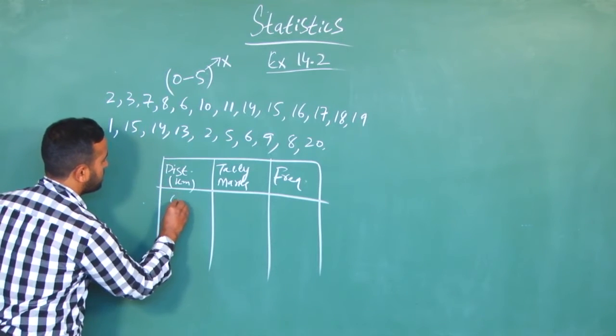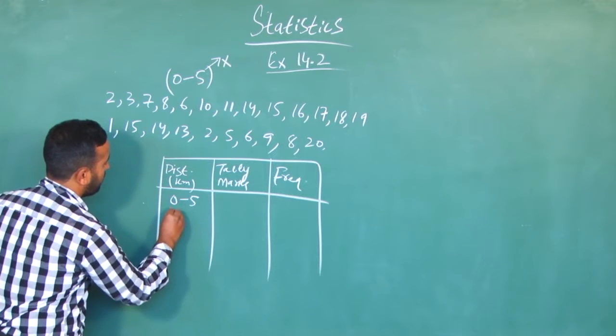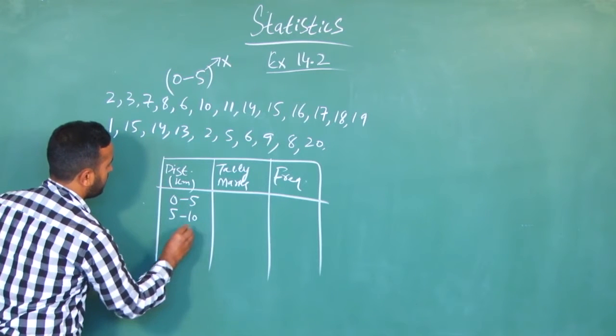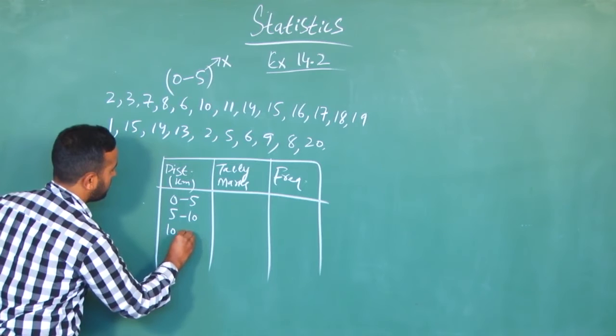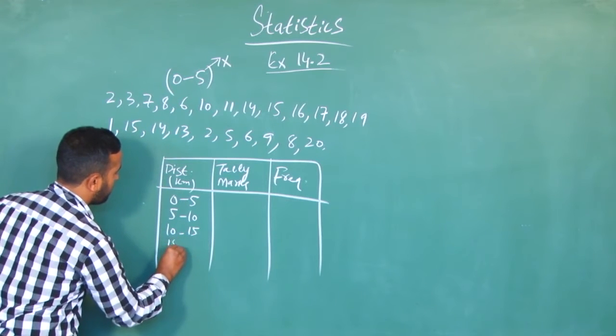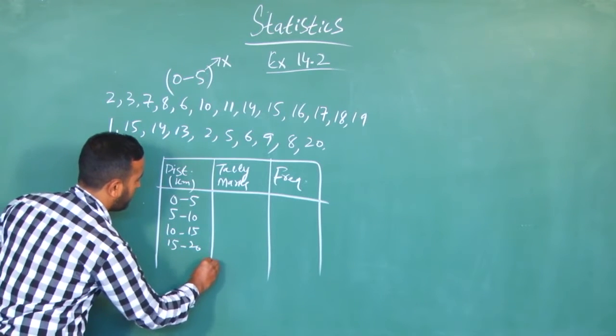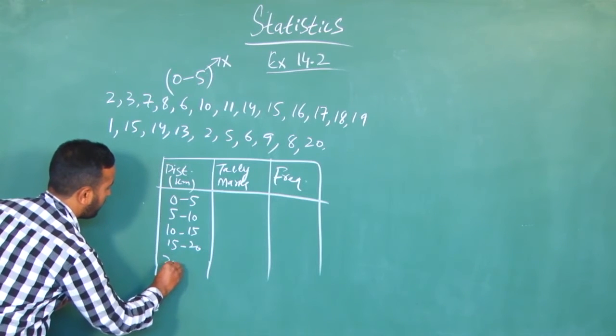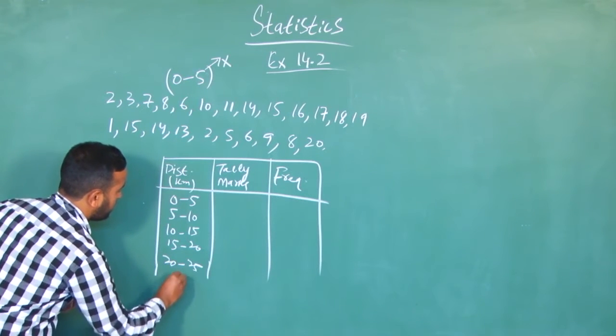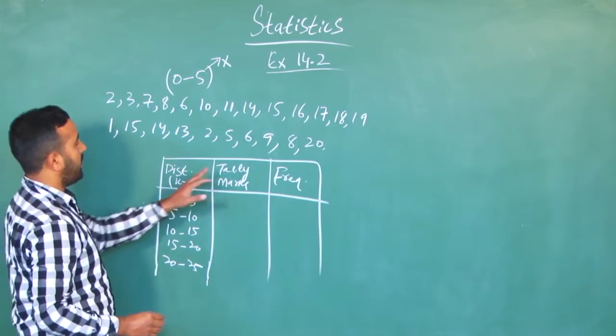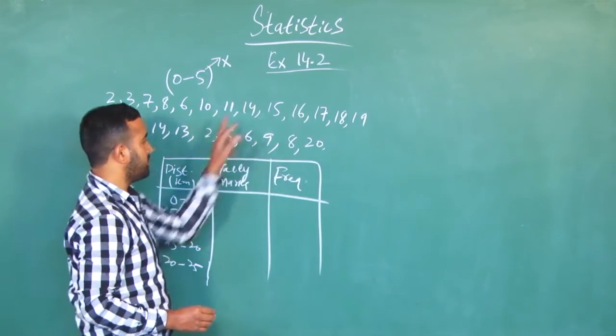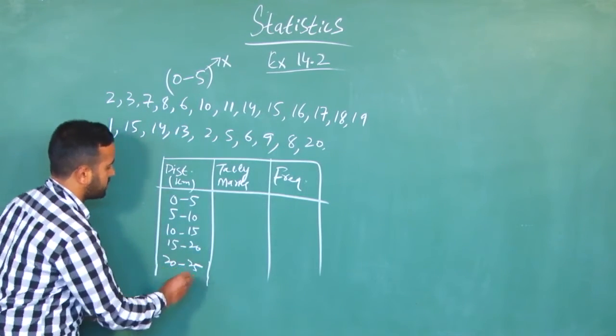Starting from 0 to 5, 5 to 10, then we have 10 to 15, 15 to 20, and then 20 to 25. These are the possible groups. As the highest value is 20 here, this 20 will be included in the last group.